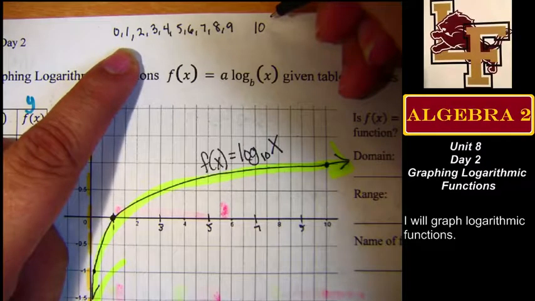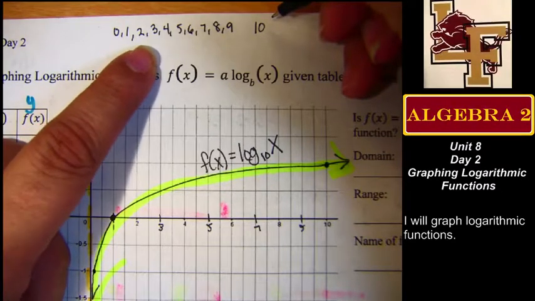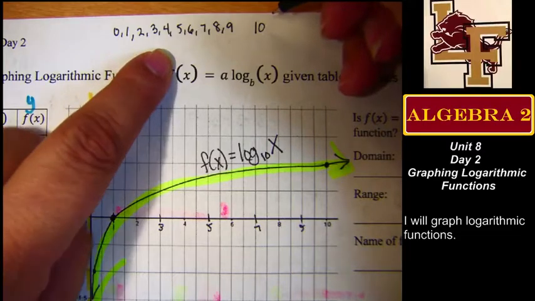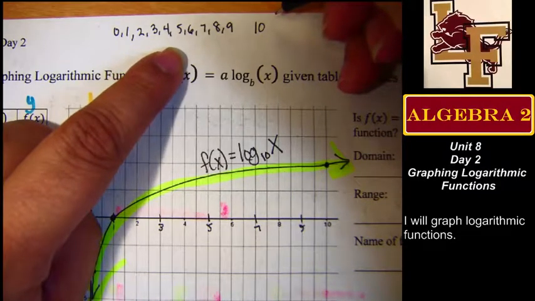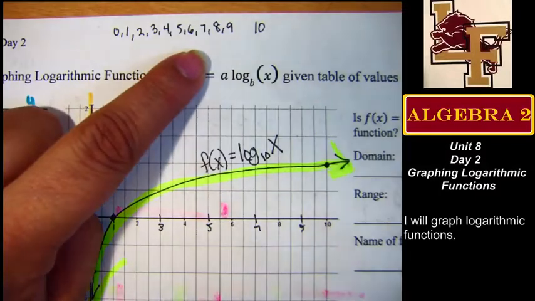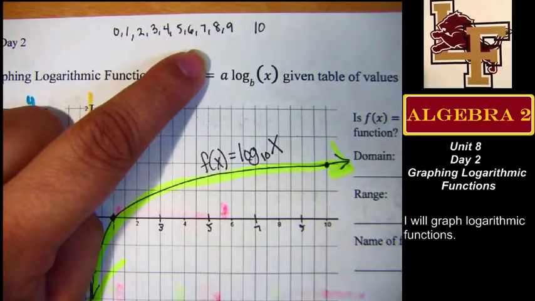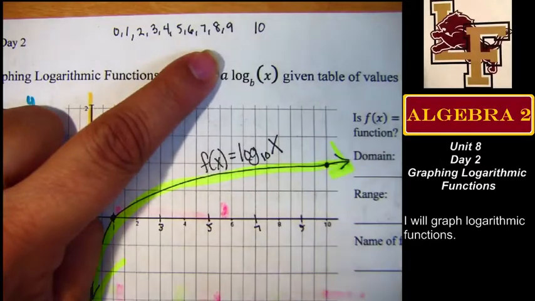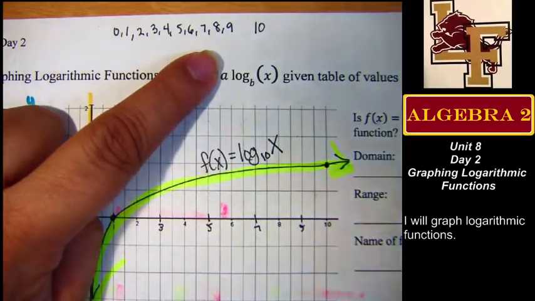10 and 1, 11. 10 and 2, 12. 10 and 3, 13. 10 and 4, 14. 10 and 5, 15. In Spanish, diez y seis, 10 and 6. 10 and 7, 10 and 8, 10 and 9.